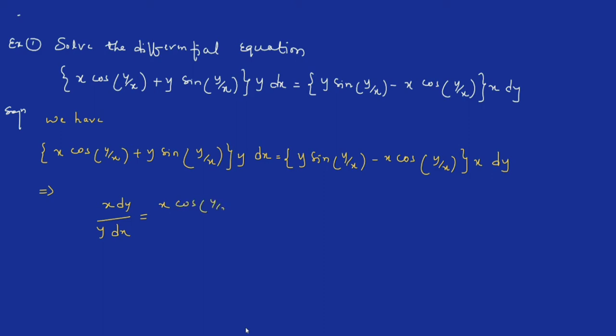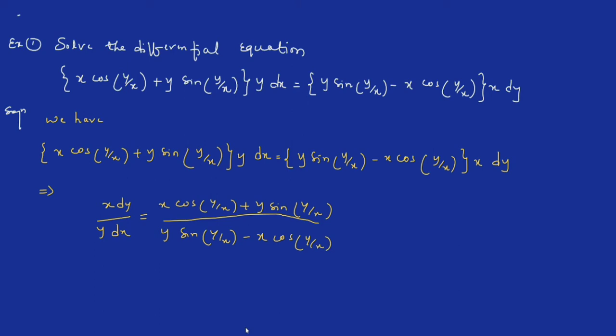x cos(y/x) plus y sin(y/x) divided by y sin(y/x) minus x cos(y/x).